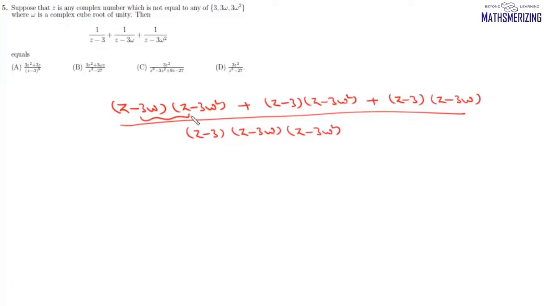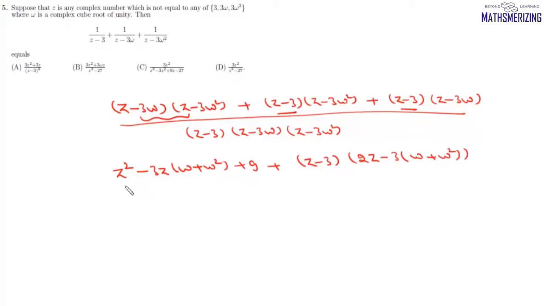Now we'll multiply them. We can write z square minus 3z omega plus omega square and then plus 9 omega cube, which is 1. Now here we'll take z minus 3 common, then it'll be 2z and then minus 3 omega plus omega square.